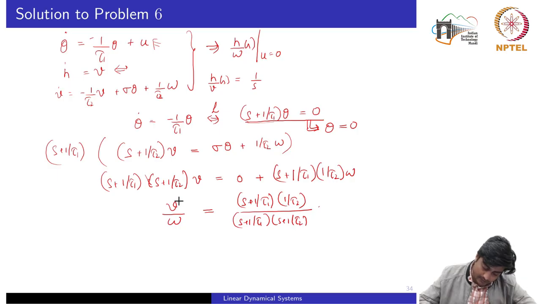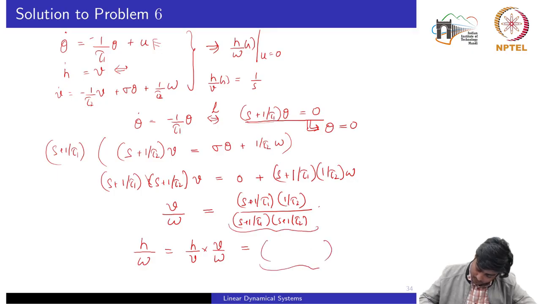Now this v by w, once multiplied by this h by v, I would have h by w as h by v into v by w, all in the s domain. So you would notice in this part we would have 1 by s, right? So the eigenvalue 1 by tau 1, which was hidden somewhere, is now explicitly visible to us, which is being cancelled out.